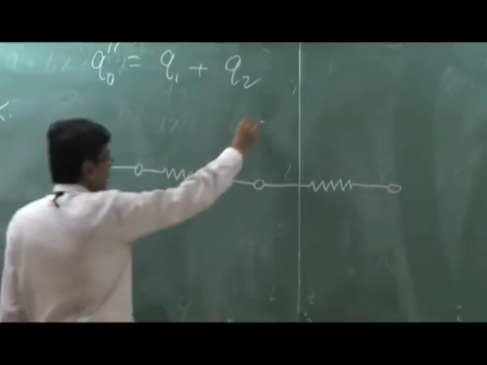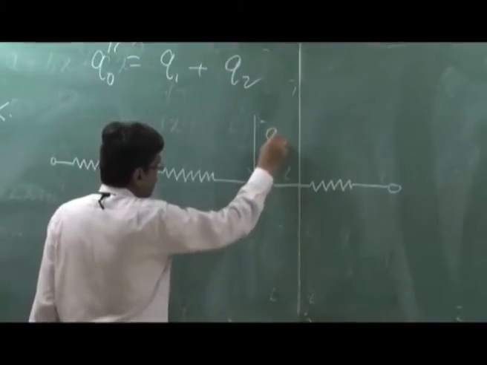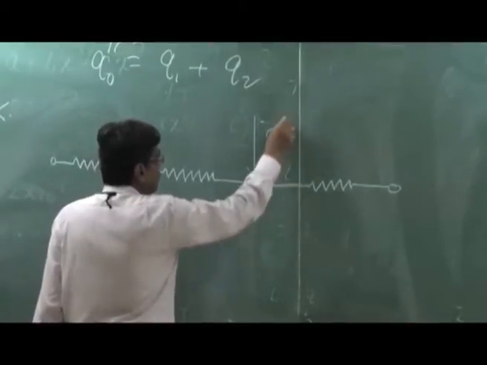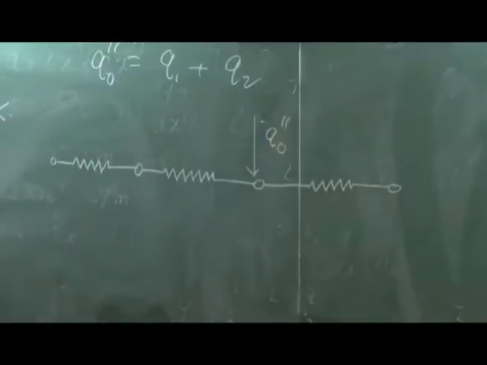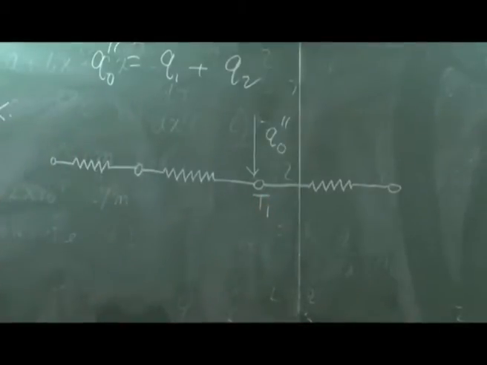Now the radiant heat, this is the node at the bonded surface, that is T1, and this is the T infinity.